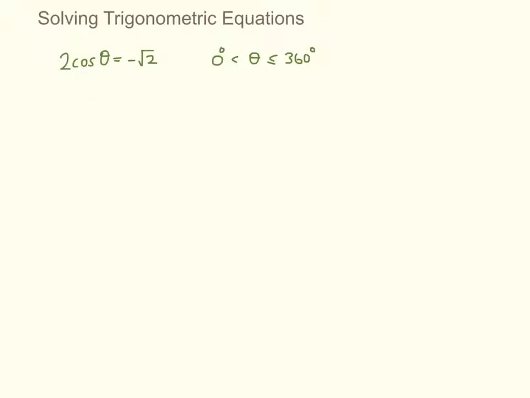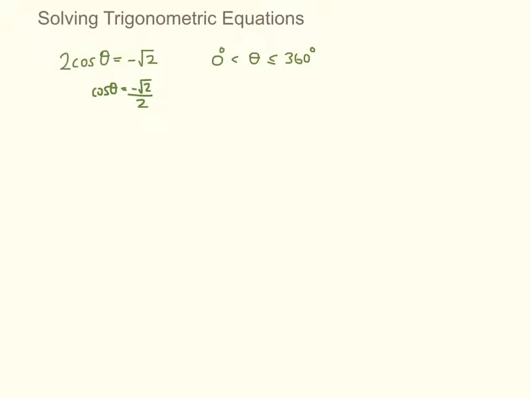Okay, so the first thing we want to do is rearrange that equation, so we get cos theta equals negative root 2 over 2. Shrink that down. Okay, so remember those steps then.